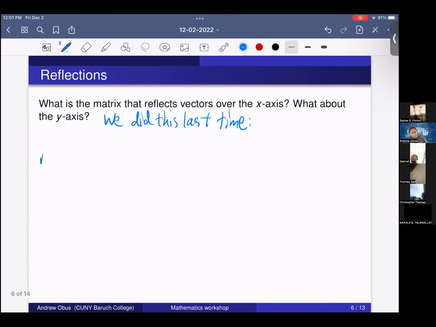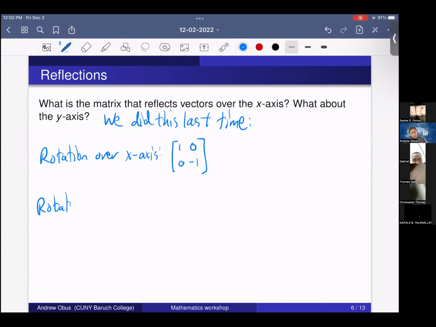We saw that reflection over the x-axis was given by the matrix 1, 0, 0, minus 1. And that reflection over the y-axis was given by the matrix minus 1, 0, 0, 1.